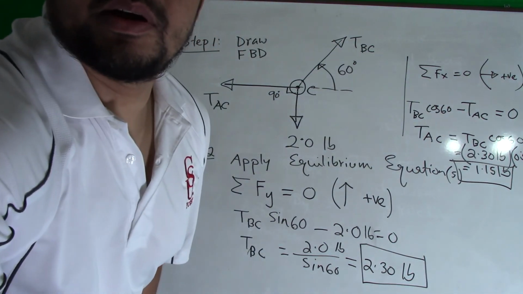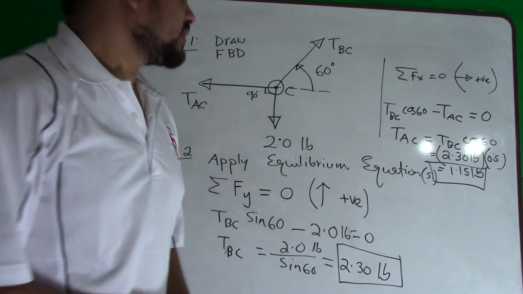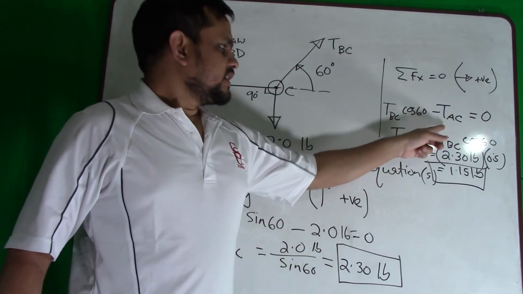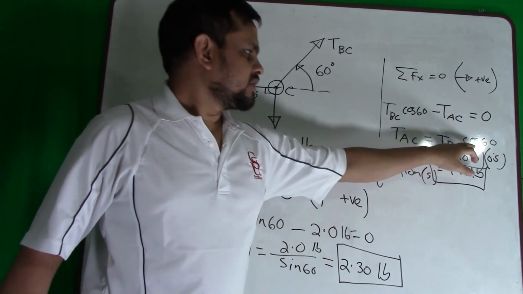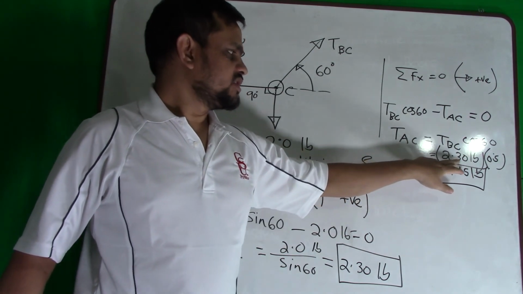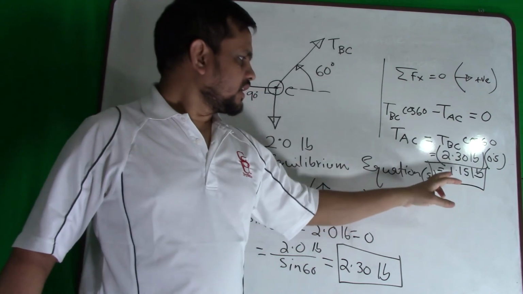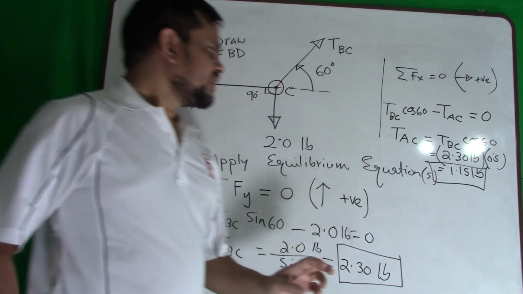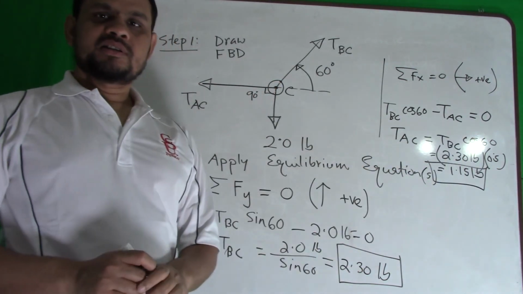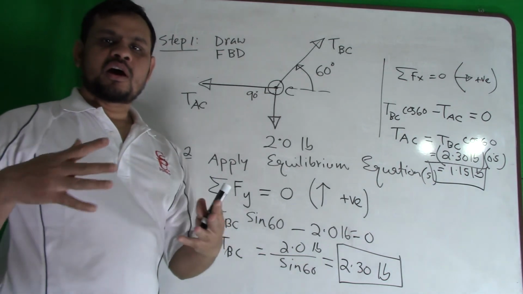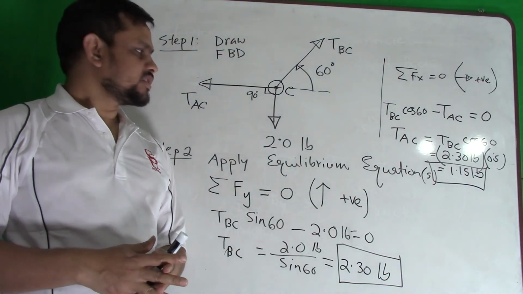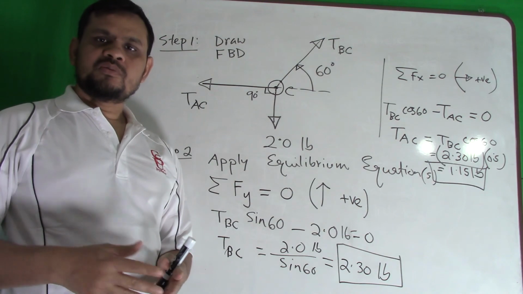Hopefully you can see. TAC equals TBC cosine 60, which is 2.30 pounds times 0.5, so it becomes 1.15 pounds. So then I got two answers. Hopefully you understood how to apply the equilibrium equation. In our next video we will see one more example.